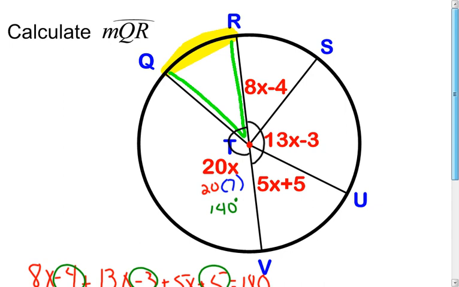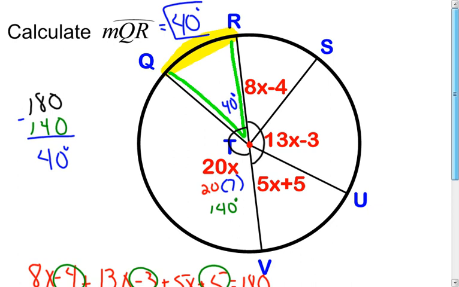If one of them is 140, I can pretty quickly find the measure of the other one by subtracting. And I'm going to find out that the measure of that angle is 40 degrees. So if this angle is 40 degrees, that means the measure of arc QR is also 40 degrees. I have solved my problem.